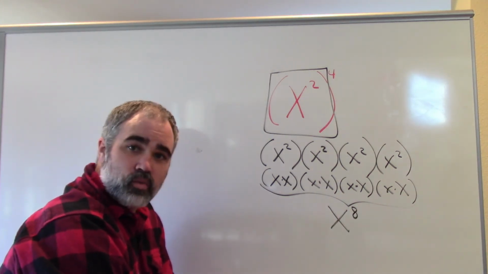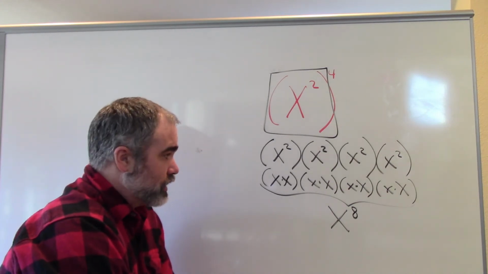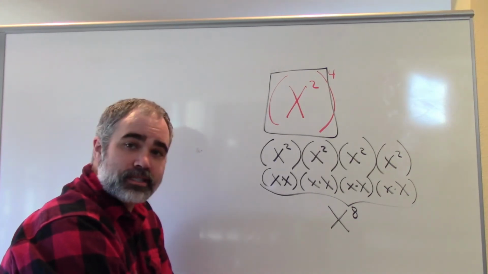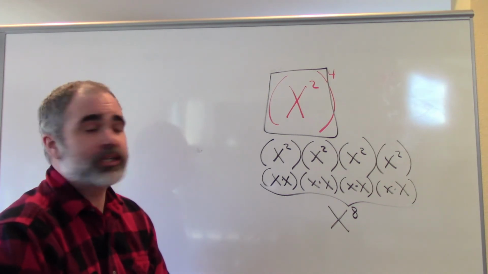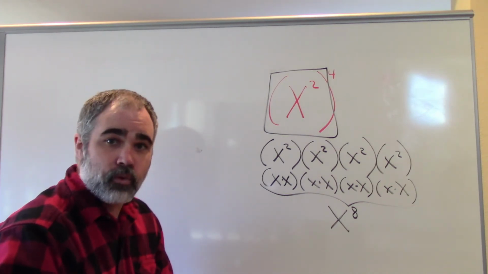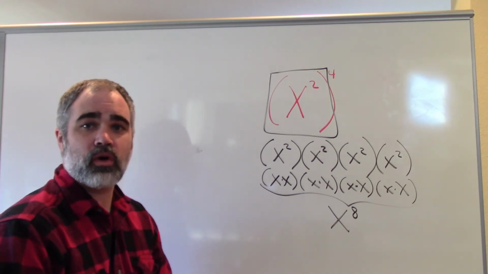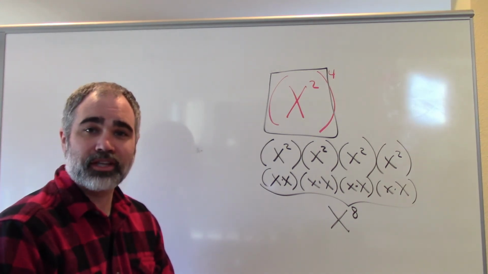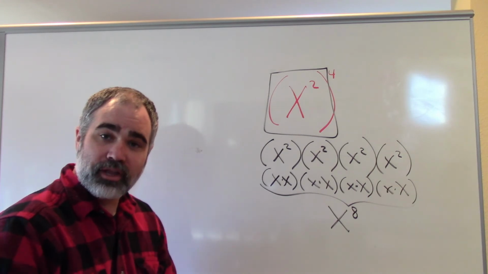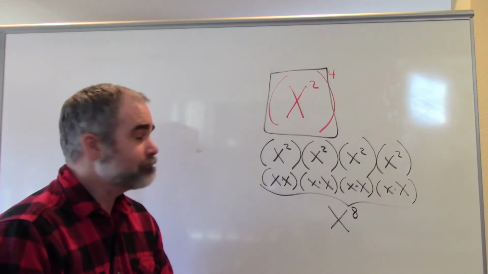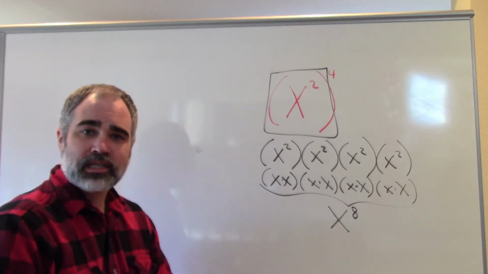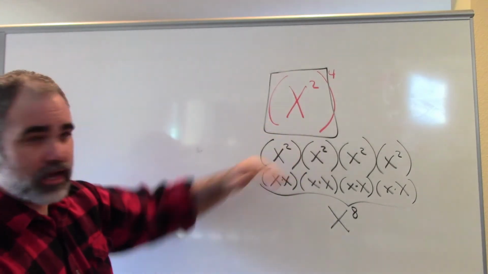Now the question is, what is the rule here? This is one that I really don't like writing the rule for, because I see students mess this up so consistently and so often that I actually don't like the rule. I'm going to show you the rule, and then I'm going to tell you never to use it, because I want you to know what it is, but I want you to think about it as writing out exponents here.